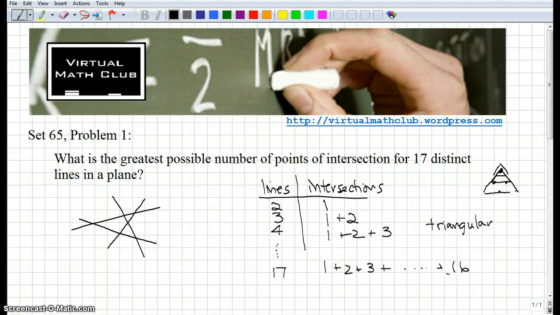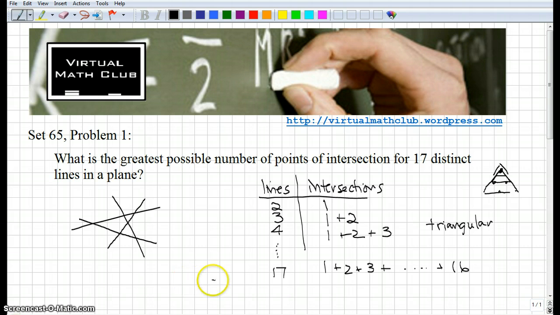Now you could add those one by one, or you could use the handy little trick that I present in one of my lessons on counting lists of numbers. Actually, this is an arithmetic sequence, so it's adding an arithmetic sequence.